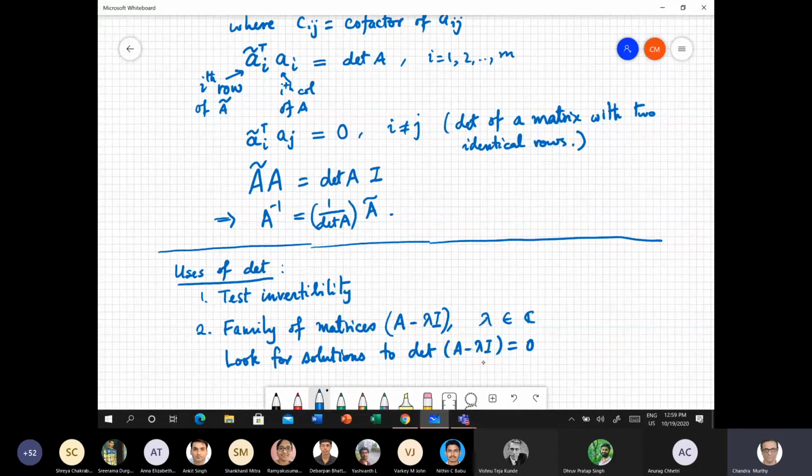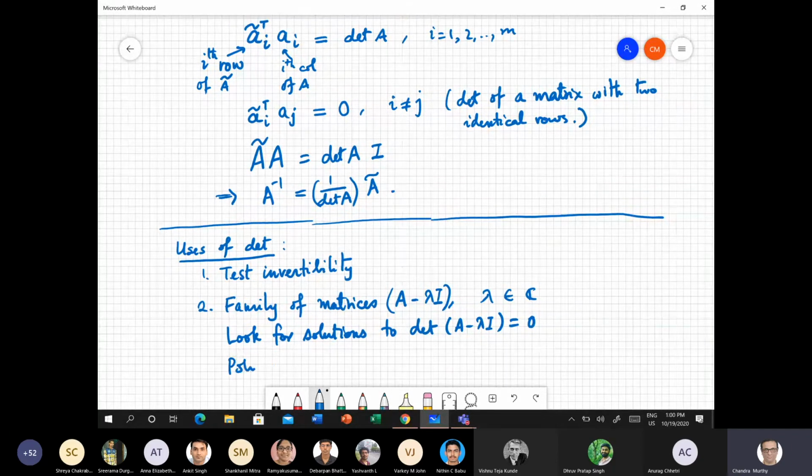Now if I expand this out, this will turn out to be a polynomial of degree n, which means that it has exactly n roots, counting repetitions.